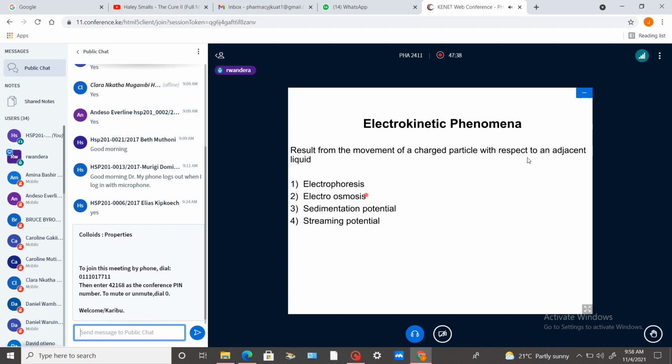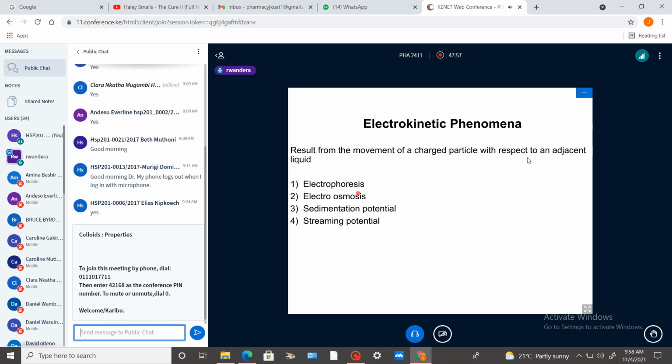So we have four phenomena. We have what we call electrophoresis, electroosmosis, sedimentation potential, and lastly what we call streaming potential.